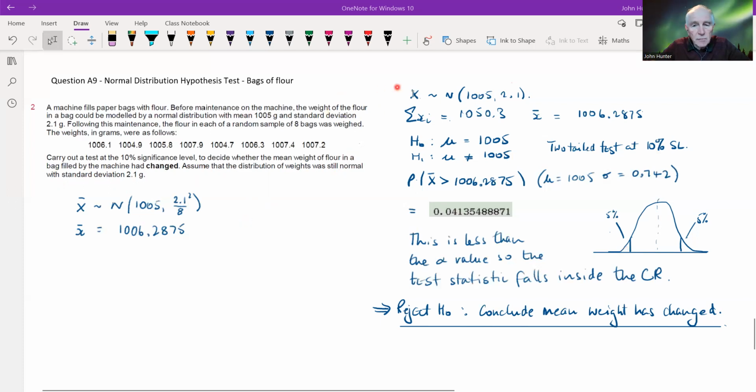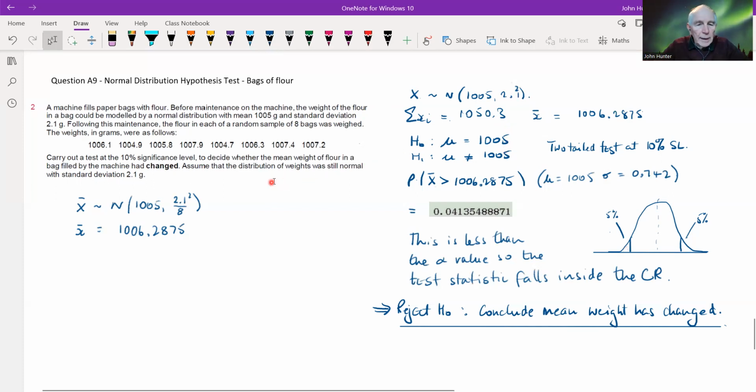So the random variable here, we're assuming, is normally distributed with a mean of 1005 and a variance of 2.1 squared, with a standard deviation of 2.1.